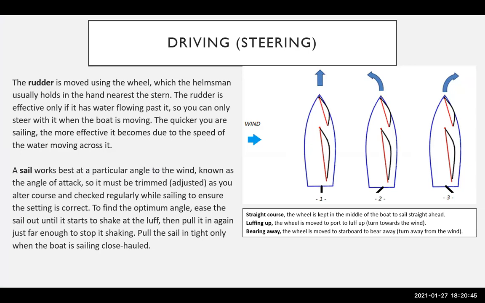Okay, now steering the boat or driving the boat is done by the person who we discussed last week would be helming. The helmsman, the helmsperson at the helm, is the one who is in charge of the rudder, and they'll also be in charge of the mainsail. We might split those duties up when we have extra people on the boat, but for all intents and purposes, those are usually done by the same person.